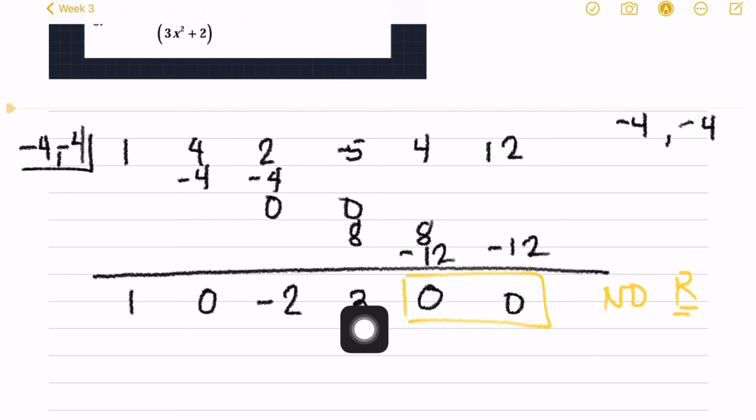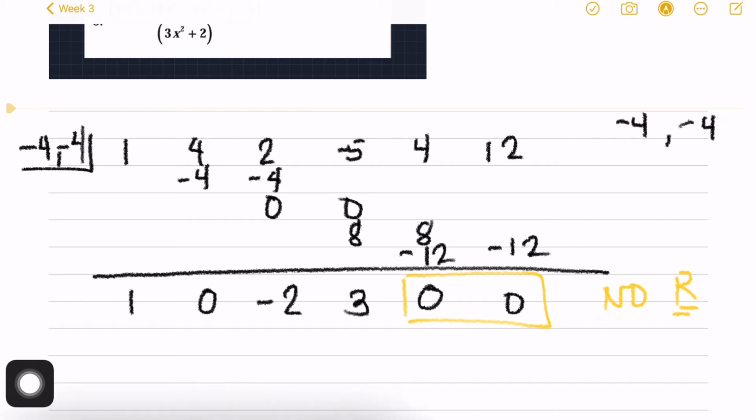Or pwede natin tignan dito sa pinaka last row ng entries natin. These last two numbers ay para sa remainder. Yung sumunod ay para sa constant term. Yung sumunod ay para sa first degree. Yung sumunod ay para sa second degree. And the first number is for the third degree.